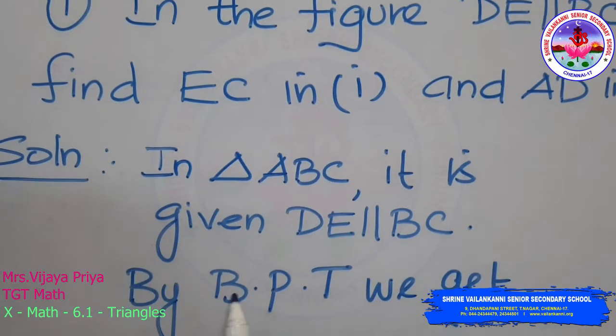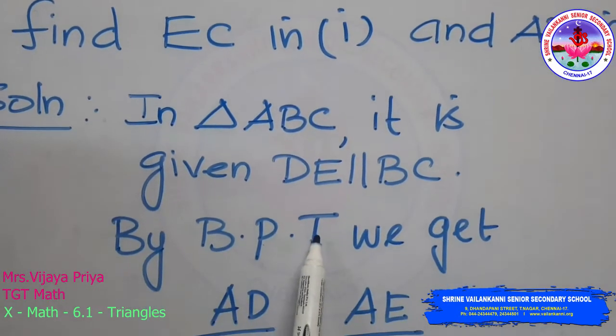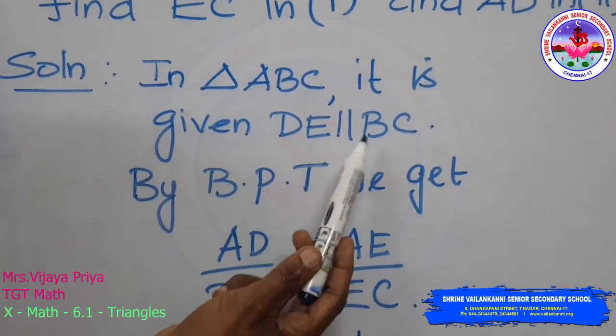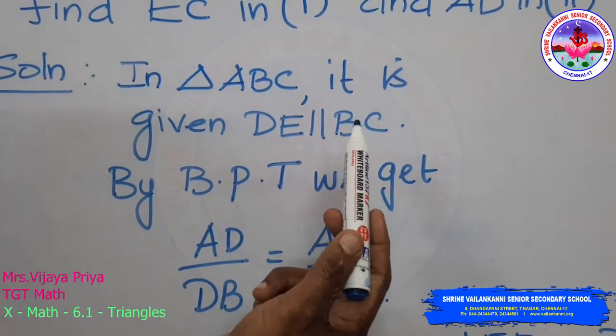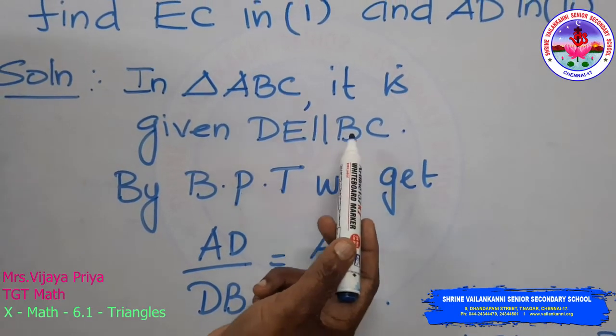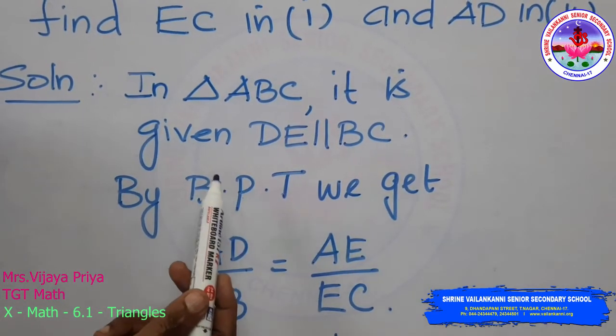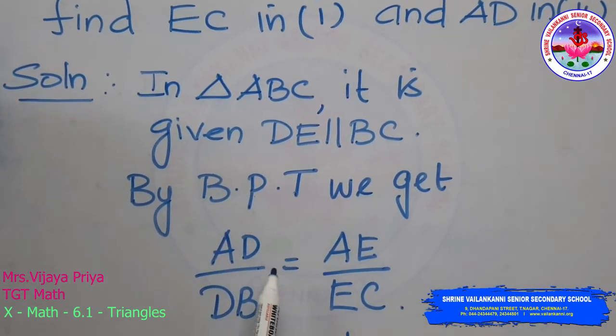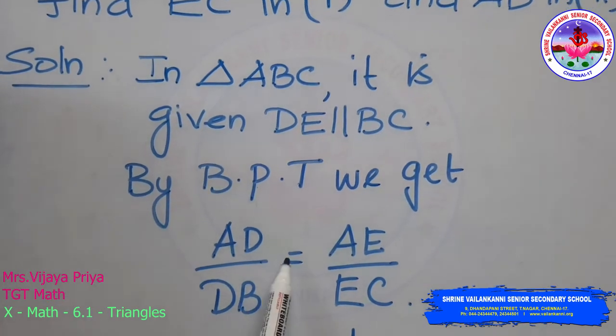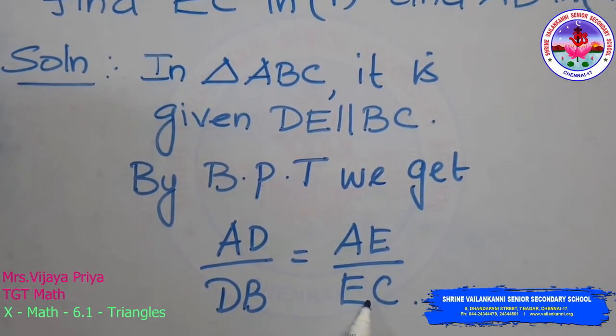We need to find EC, where AD is given as 1.5 cm, DB is 3 cm, and AE is 1 cm. I am going to use the basic proportionality theorem since DE is parallel to BC. So coming to the solution, in triangle ABC, DE is parallel to BC. By the basic proportionality theorem, if a line is drawn parallel to BC and intersects the other two sides at distinct points, then those two sides are divided in the same ratio. So we get AD by DB is equal to AE by EC.